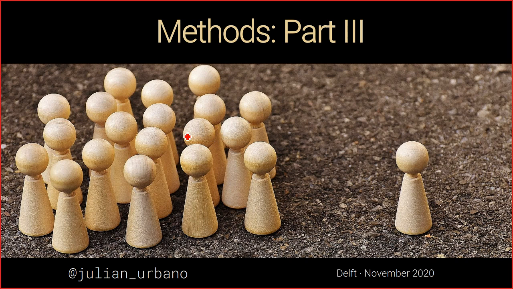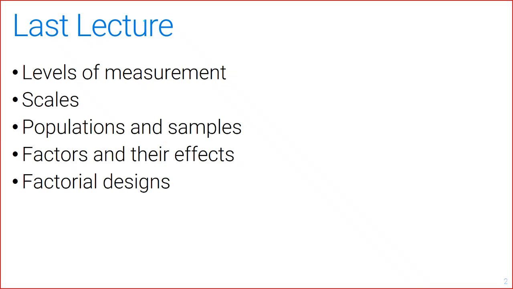Okay, so in the last lecture, in part number 2, we talked further about measurement and levels of measurement: what can we do with some variables and what can we not do? We talked about scales and the concept of populations and samples, and how we typically study a sample and then want to generalize our results back to a population.